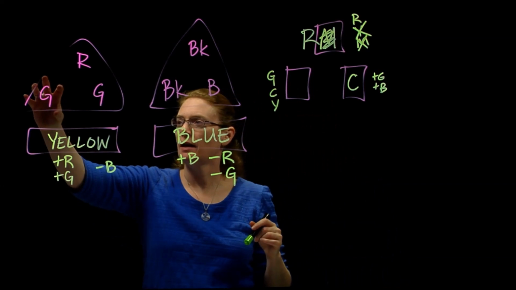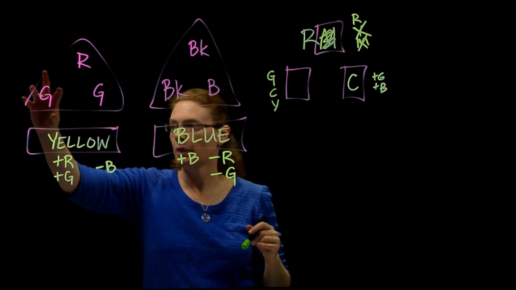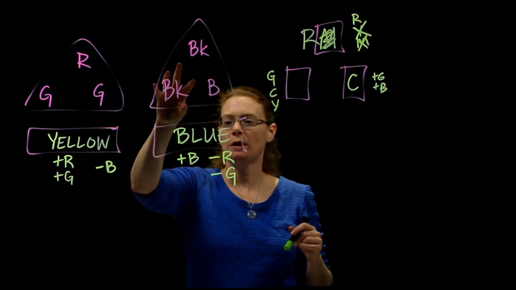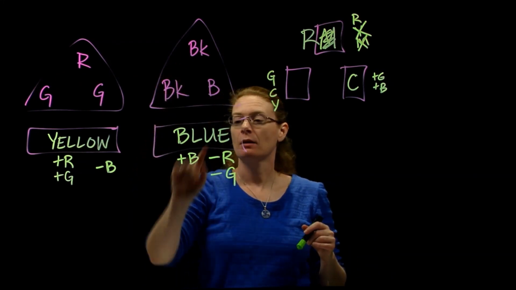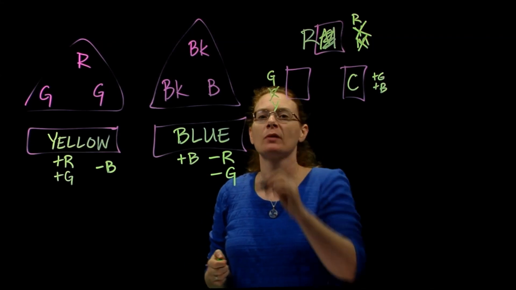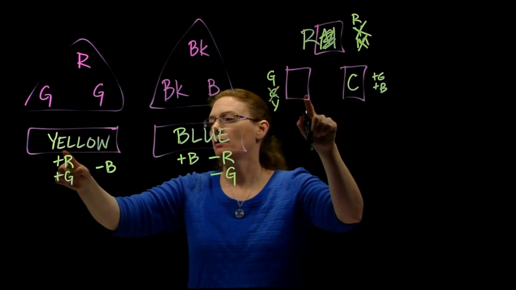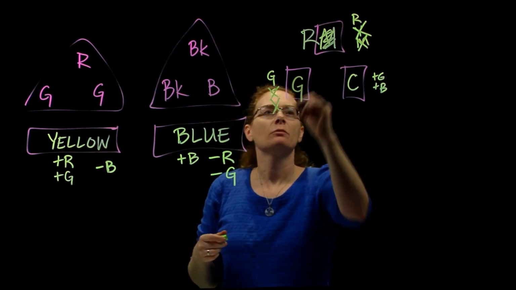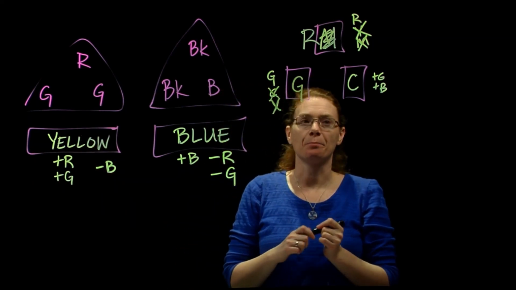If it was a cyan object, the blue would get filtered out, it would look green here, we're good there. And if it was a cyan object, it would be green plus blue. Nope, because it should have looked blue here, so it can't be cyan. And same as the thing up here, it can't be yellow because it would have looked yellow there. So that's what we have here.